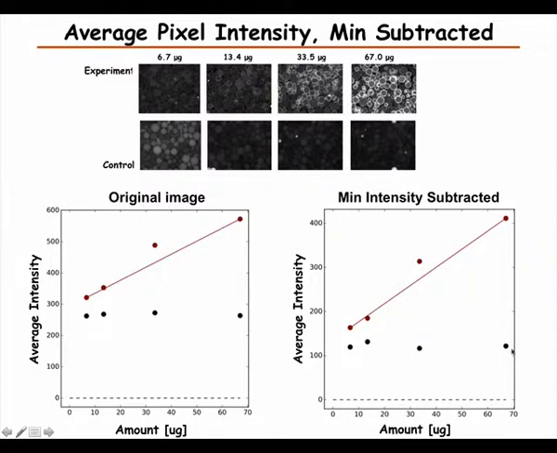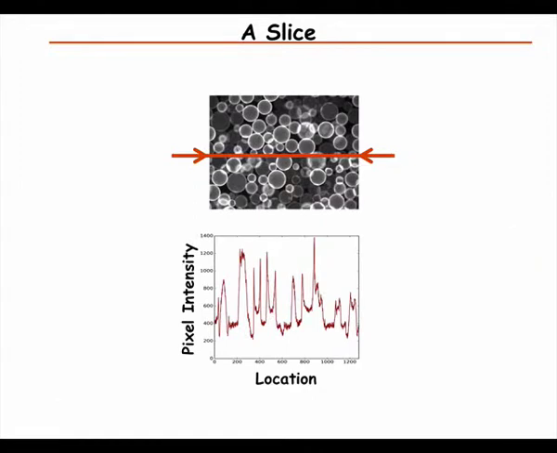So it's getting better, but we still have a way to go. On the other hand, so far we haven't done much. We've really just taken the average intensity of all the pixels and subtracted the minimum intensity. So it's a very simple thing to do. But we can do a little bit better.